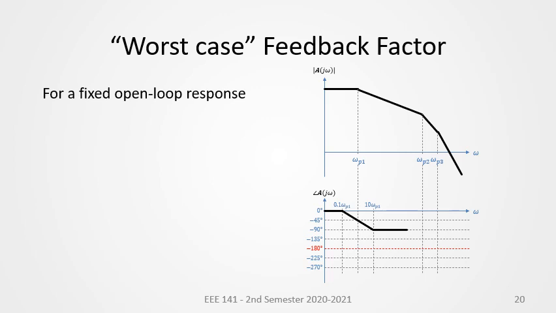The first pole is quite dominant, or happens way earlier than the other poles, so we can easily isolate how it causes a total of minus 90 degree phase shift.